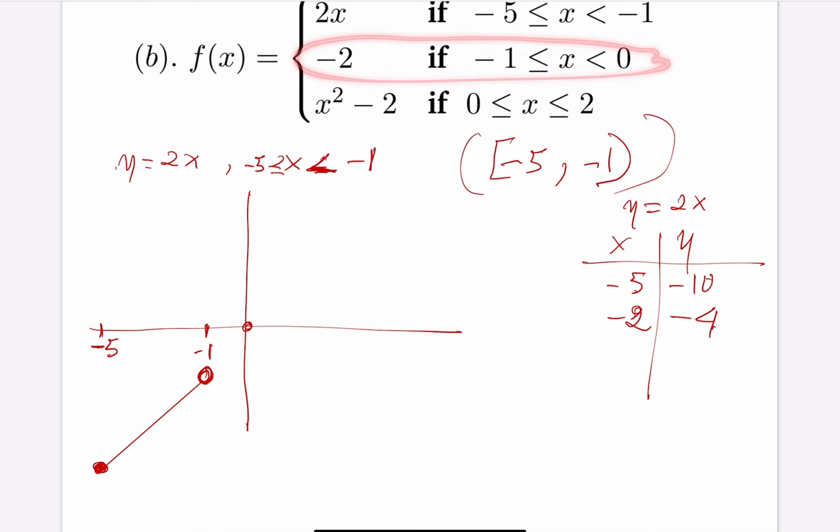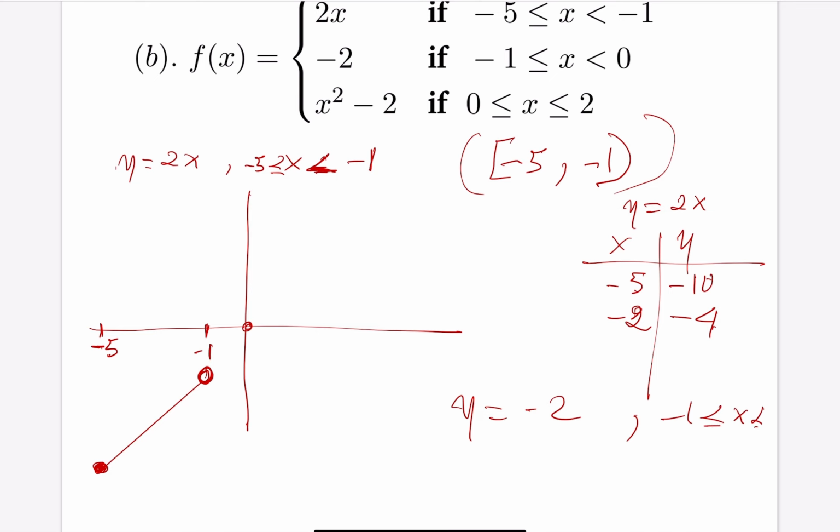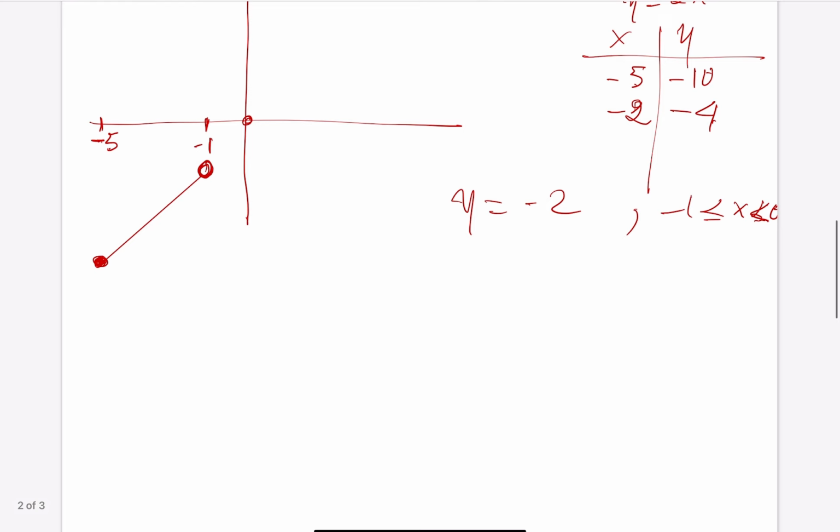The next one is y is equal to -2, for -1 less than x strictly less than 0. So from here you have just a straight line, and that straight line is y is equal to -2, right here. Y is equal to -2 from -1 to 0.